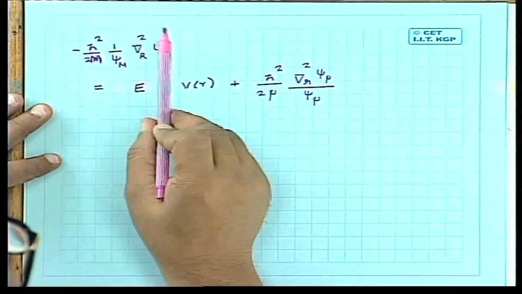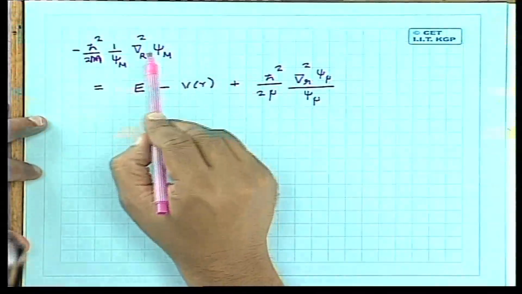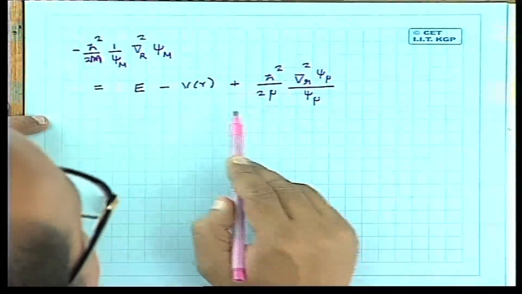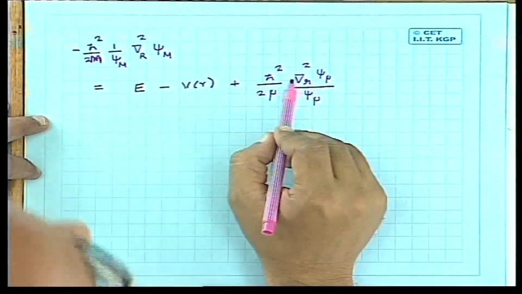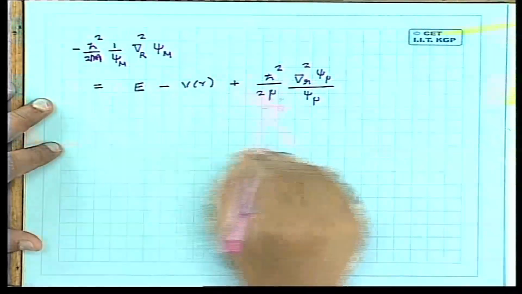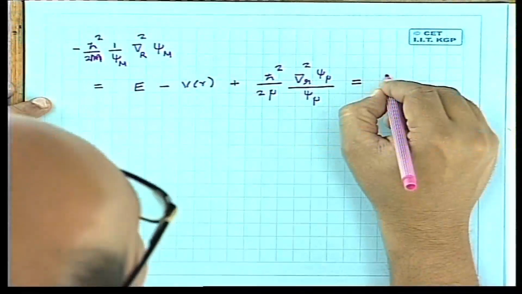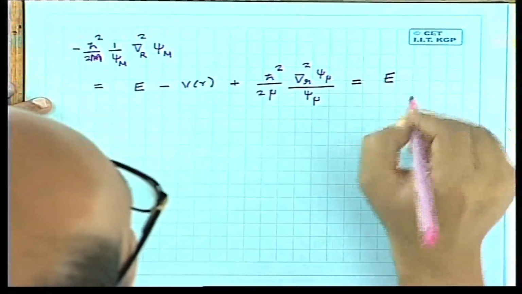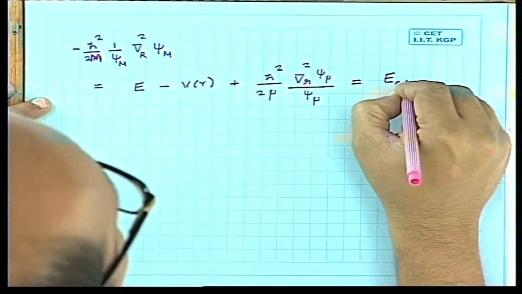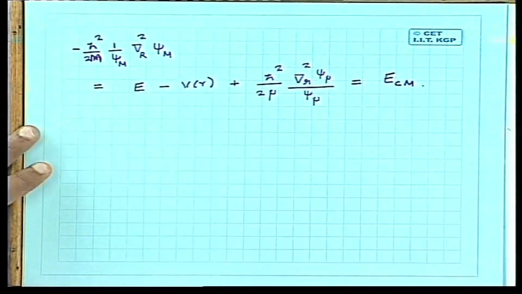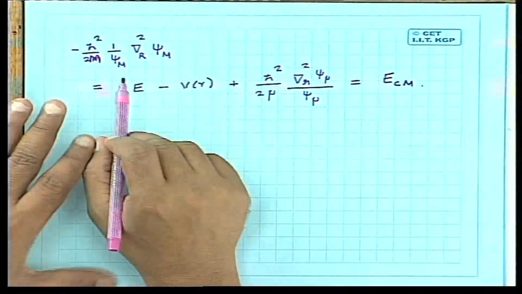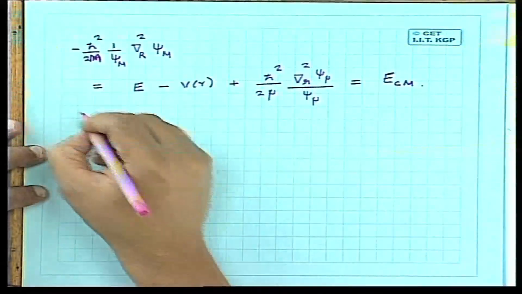Now the left hand side, you may see, depends only on capital R. The right hand side depends only on small r. So the resultant of this whole thing must be some constant, and let us call this constant E1, or let us call it ECM, center of mass. So we have now broken up the whole thing into two sets of equations.